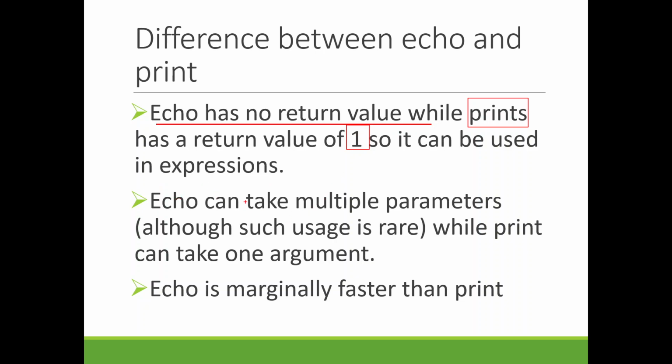Also, echo can take in multiple parameters or arguments, if you want to call it, while print can only take one argument, one parameter. So that's the other difference. And lastly, echo is faster, but they're careful to say marginally faster than the print statement. So these are the two.